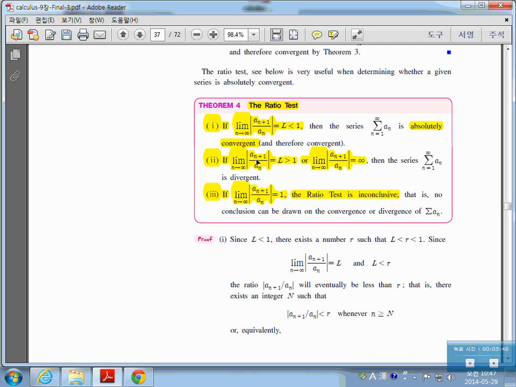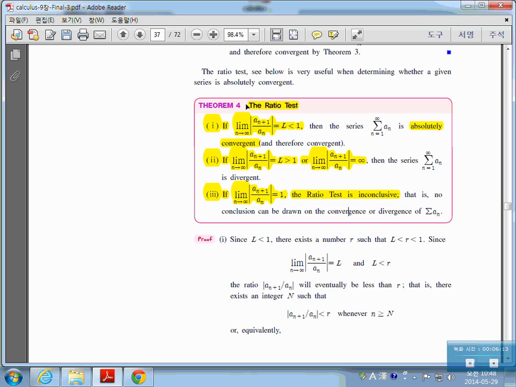If the limit is L greater than or equal to 1, or infinity, then the series diverges. If the limit of the absolute value of a_{n+1} over a_n is equal to 1, then we cannot say anything unless we use another method to check convergence or divergence.